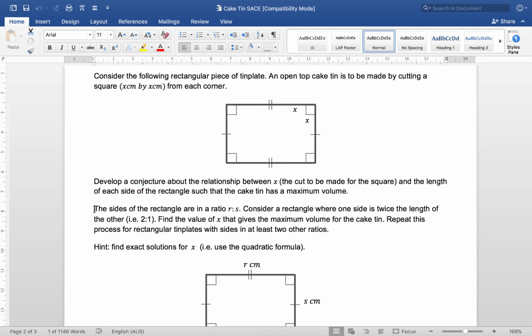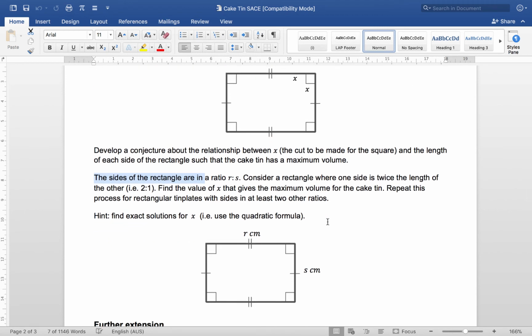The sides of the rectangle are in the ratio R:S, so make R one side, S the other. Consider a rectangle where one side is twice the length of the other, so you might have 5 to 10, or 10 to 20. Find the value of x that gives the maximum volume for the cake tin.